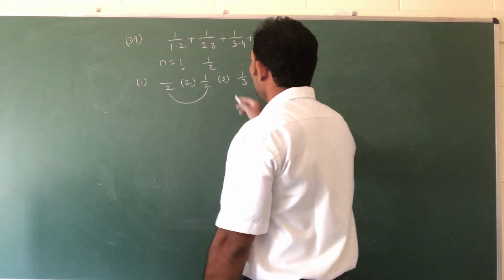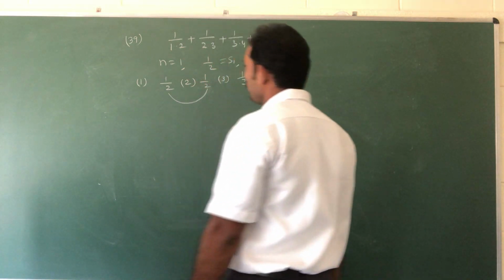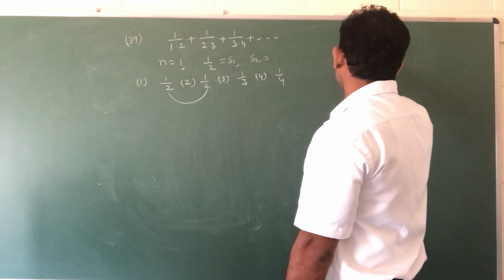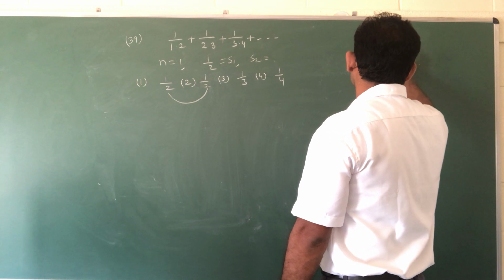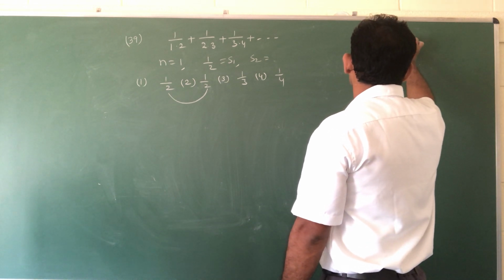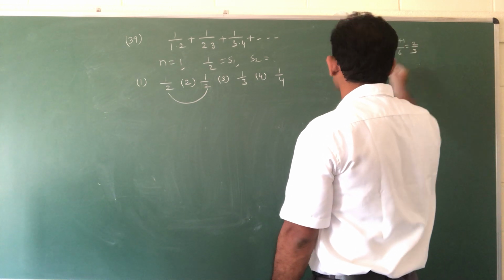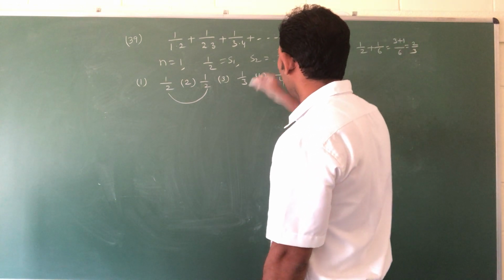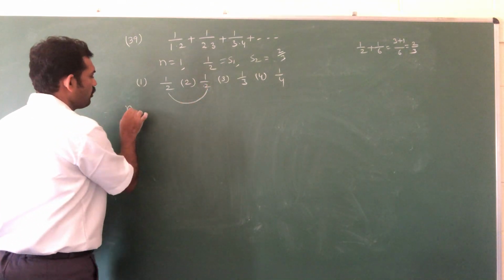S1 is equal to 1/2 came. So what happens? Check the S2 value. Outside you simplify 1/2, 1/6. LCM is 6. So this is 3 plus 1 means 4, means 2/3. So S2 value is 2/3. You have to check these two options with n is equal to 2.